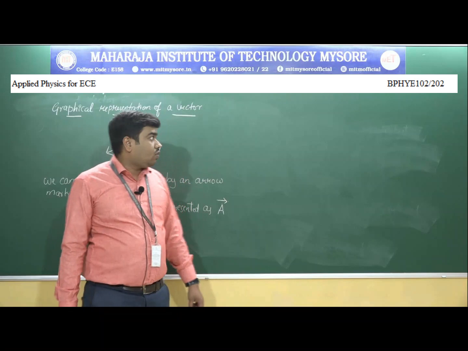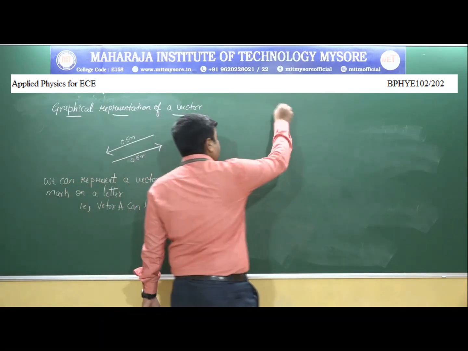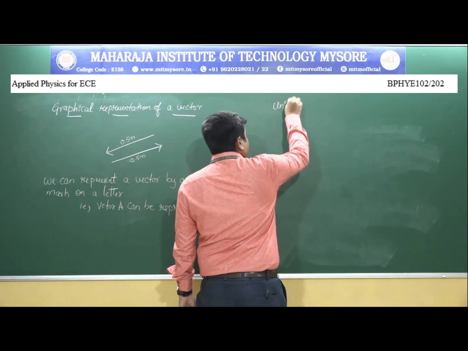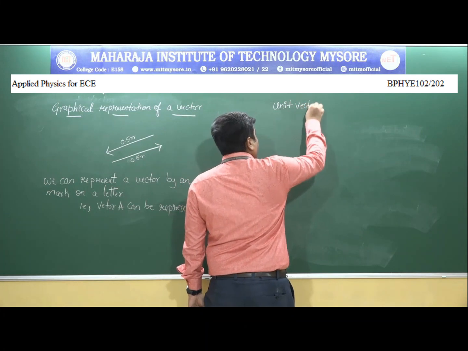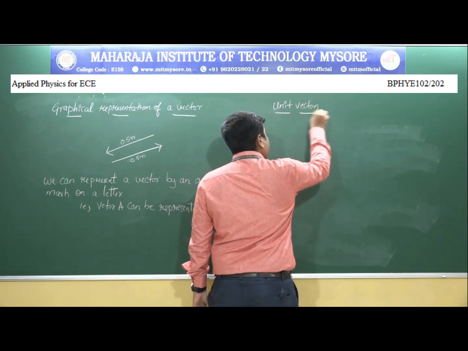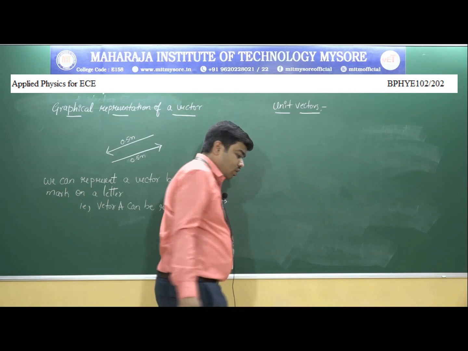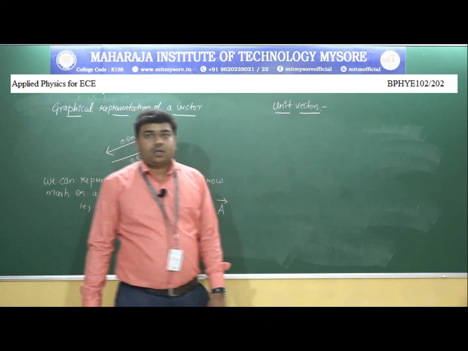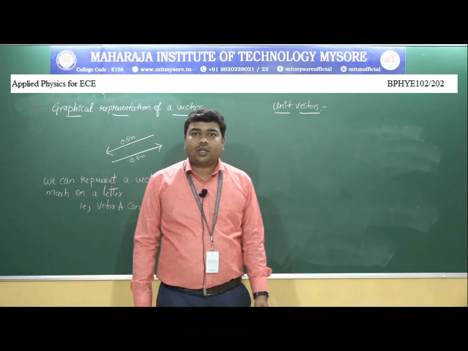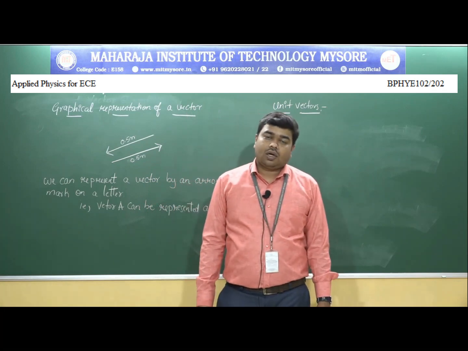Next, we will define one of the vectors which is called a unit vector. So, what is meant by a unit vector? A vector whose magnitude is unity is called a unit vector.